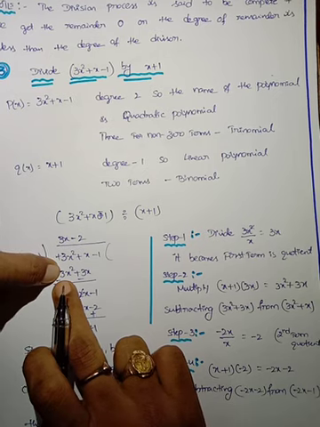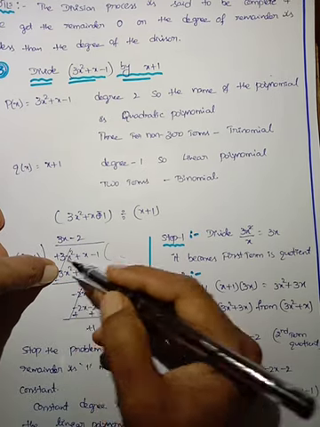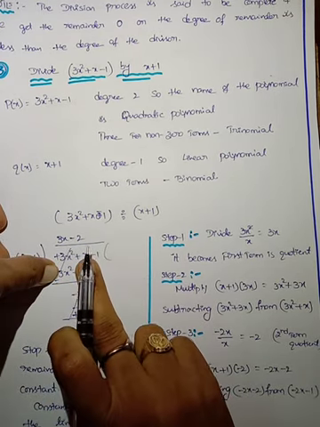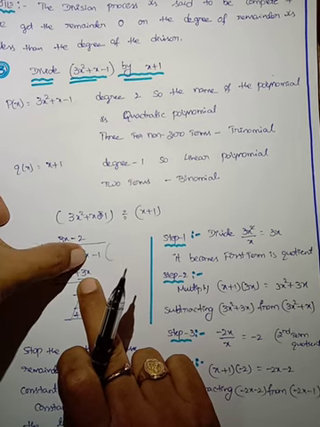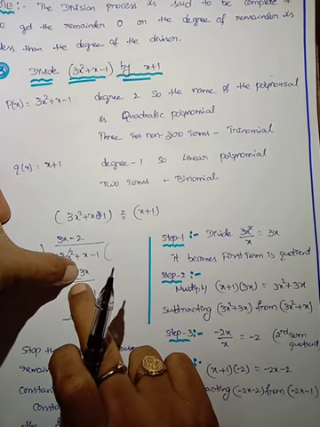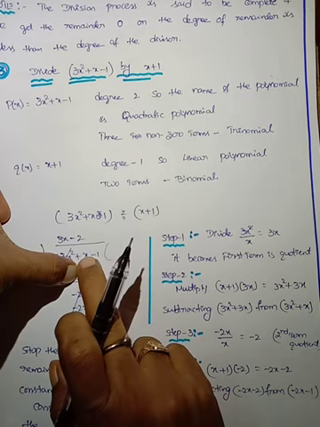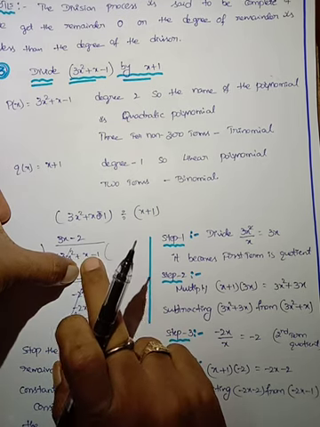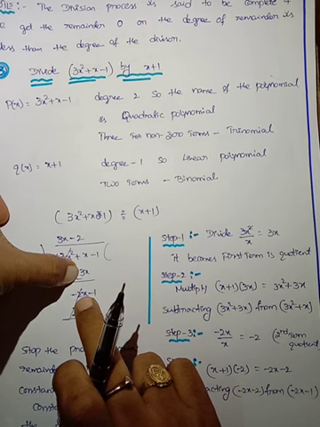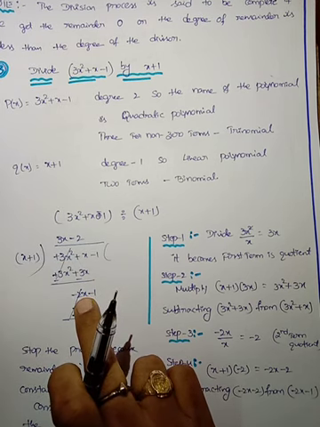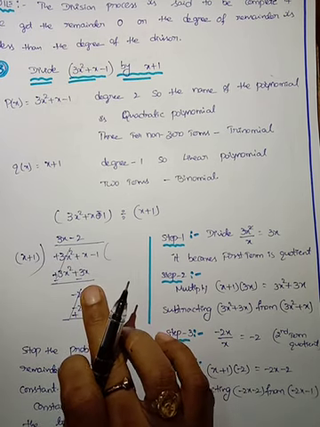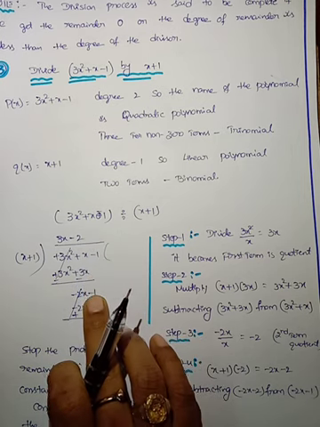Plus 3x square minus 3x square, these are cancelled. So this is plus x, this is minus 3x. I have already changed the sign. Plus x minus 3x means minus 2x. Minus 2x. Then you bring down this minus 1 at this place.